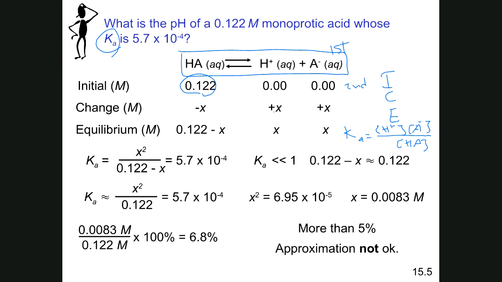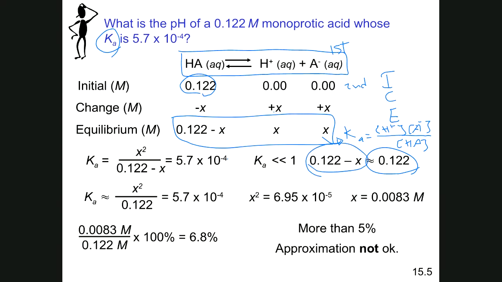Then use the values at equilibrium to replace it in the K expression for acid. Value for Ka is given to us, it's 5.7 times 10 to negative 4, equals X squared over 0.122 minus X. If we approximate the X value, then we can say this is approximately 0.122.